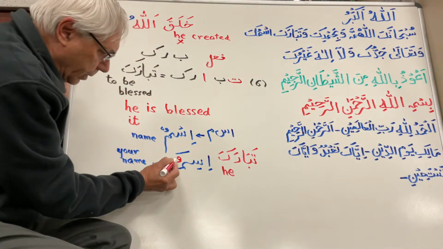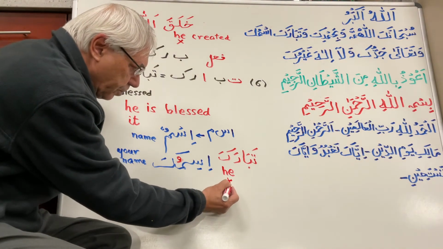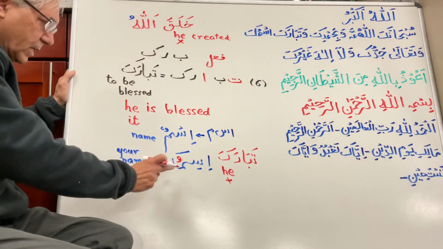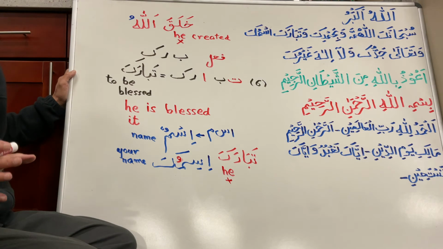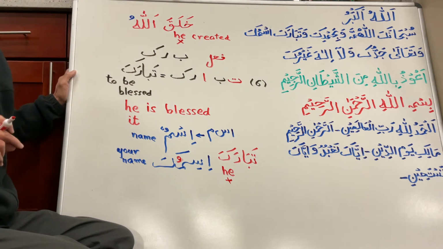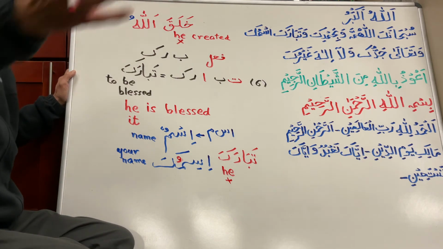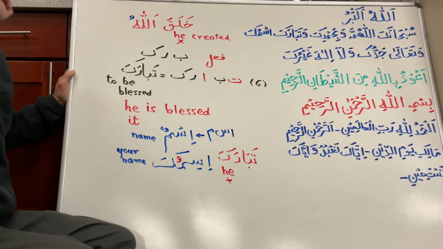So what will happen? This pesh will remove this he here. So now translate these two words together. Blessed is his name. Not anymore. Blessed is his name. And we know who is his. Allahumma. O Allah, hamd is yours and blessed is your name.